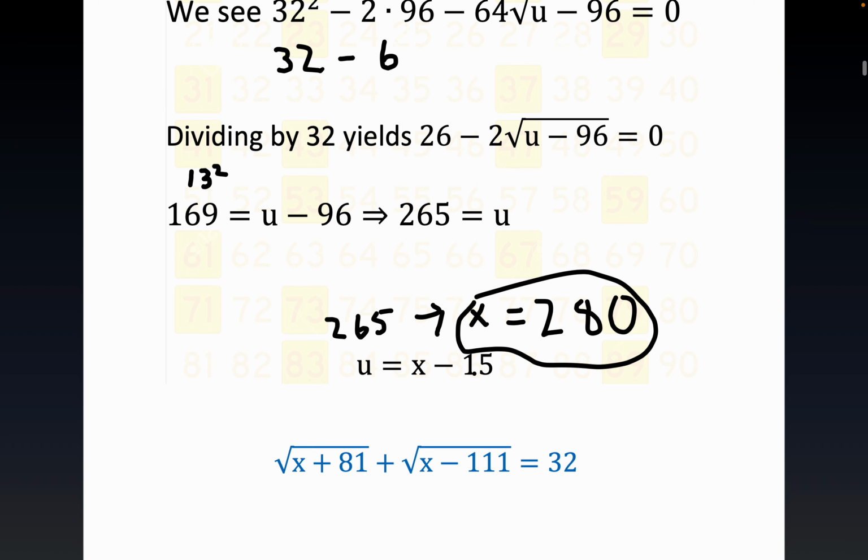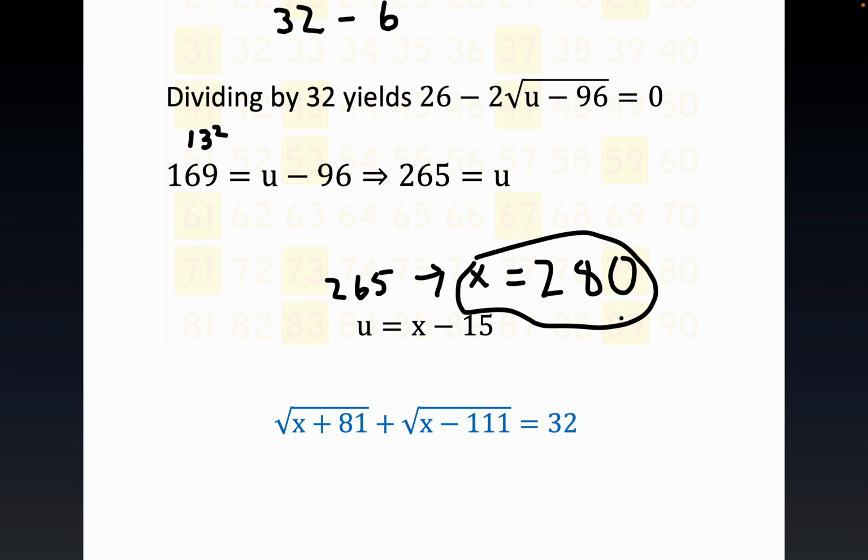So let's come down here. This is the original equation. Notice that if you substitute 280 right here, you would get the square root of 361. Then if you substitute 280 in for x right here, you get 280 minus 111, which is 169.